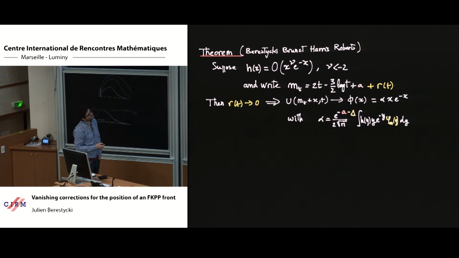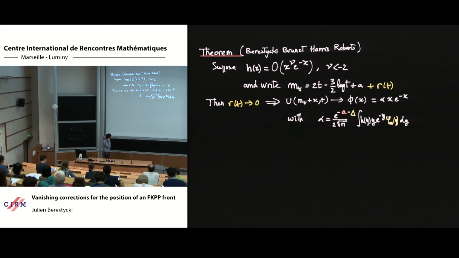And not only that, but the limit is alpha times x times e to the minus x. Okay? So you know there is only one shape possible for the limit, and there is kind of a scale factor which depends on what? Well, it depends on this A guy here, and a bunch of other stuff related to the initial data, which depend only on h.